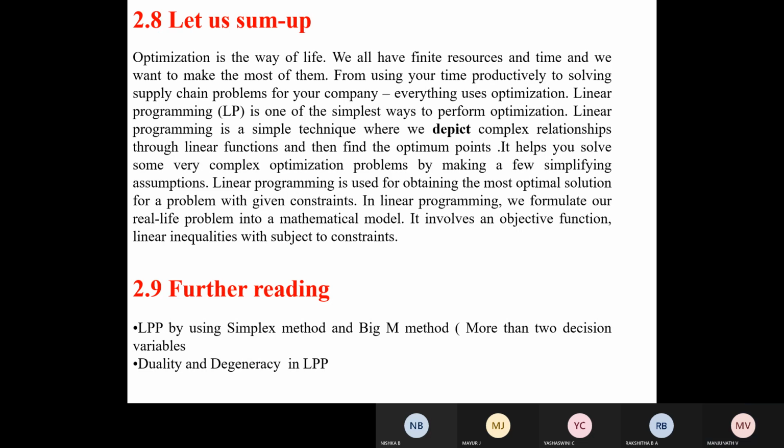Rakshita, what are you waiting for? Nothing, sir. Tell me. One or 2 lines, Rakshita, enough. If not, Rakshita, Nishka, Yashaswini, Mayur, even he can try.